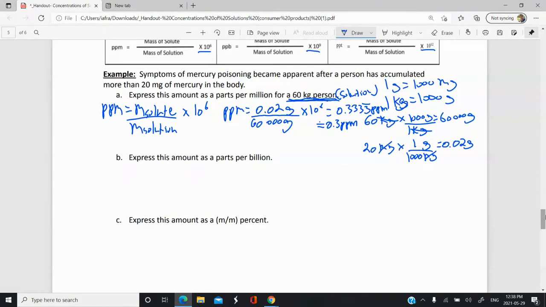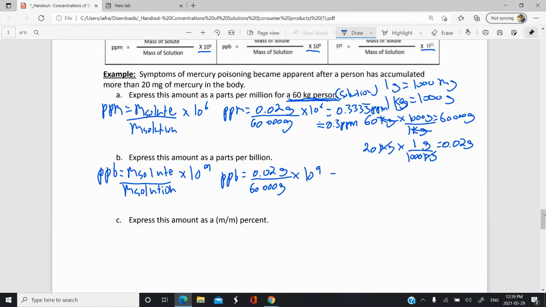So express this amount as ppb instead. So it would be a similar idea. We already did our conversion, so we're fine. We have mass of solute over the mass of the solution times a billion instead of a million, 10 to the power of 9. So that would be ppb is equal to 0.02 grams over 60,000 grams times 10 to the power of 9.